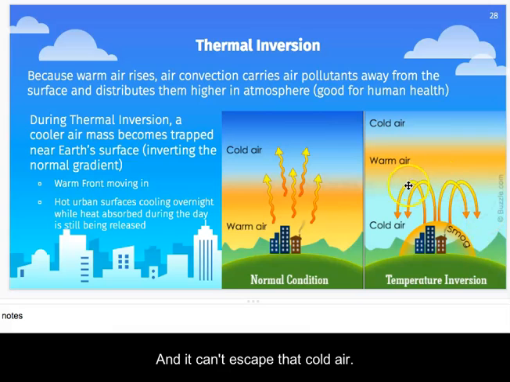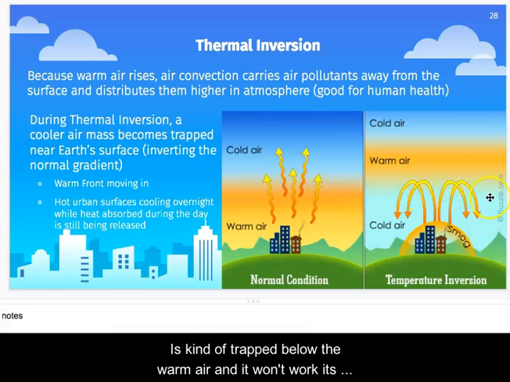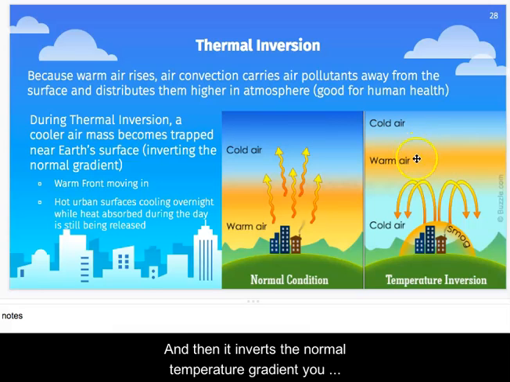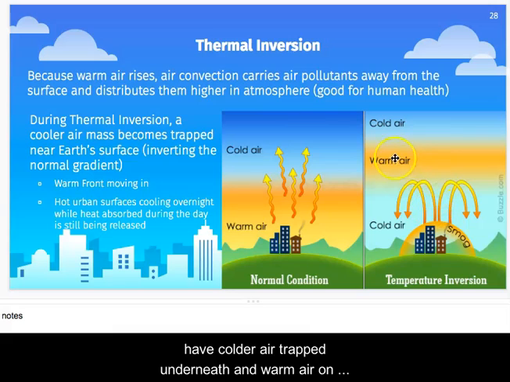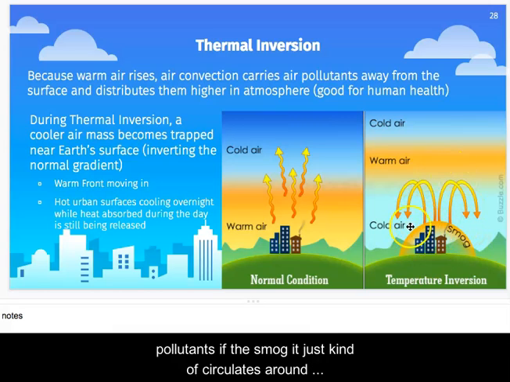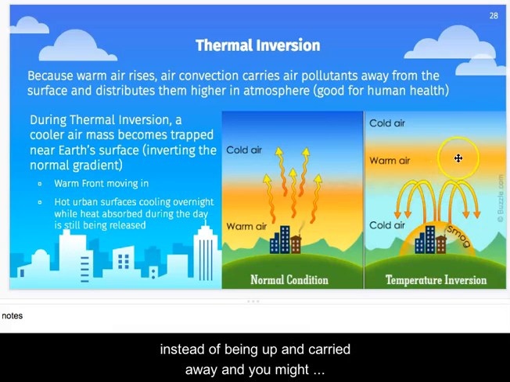That cold air is trapped below the warm air, and it won't work its way through. It just has to stay there. This inverts the normal temperature gradient: you have colder air trapped underneath and warm air on top. So it does not allow for the carrying away of air pollutants. The smog just circulates around instead of being carried away.